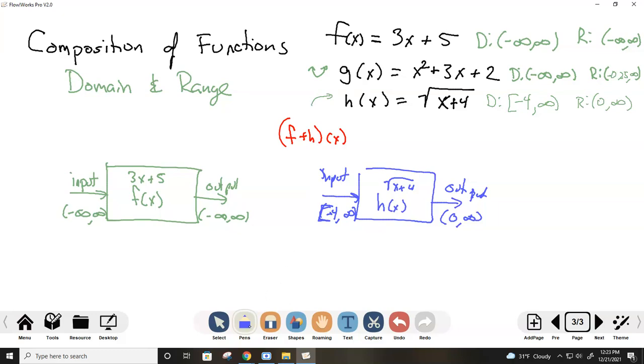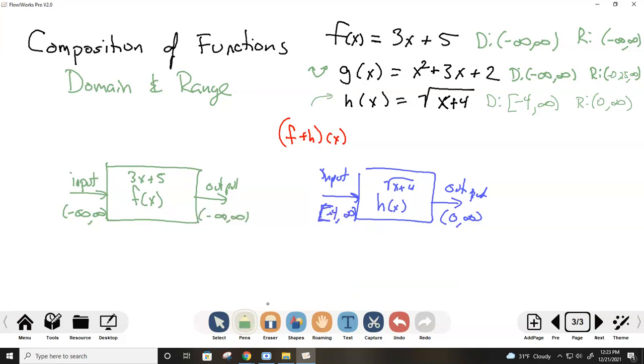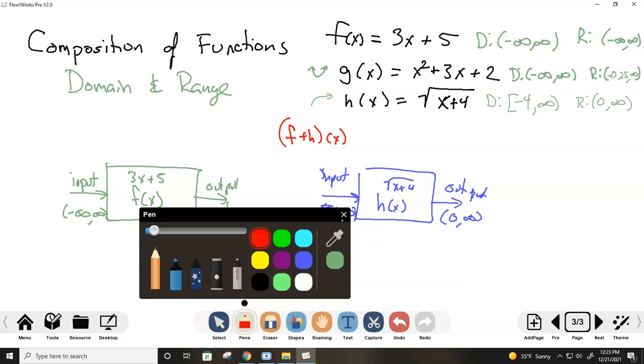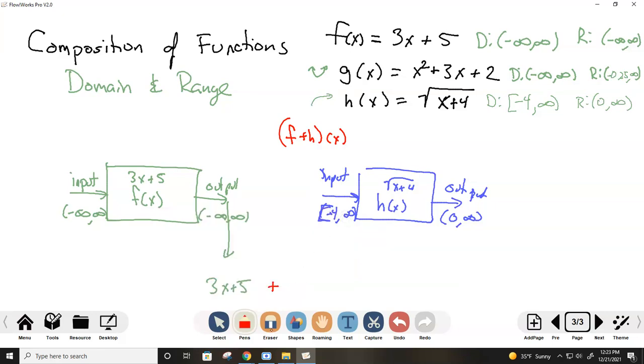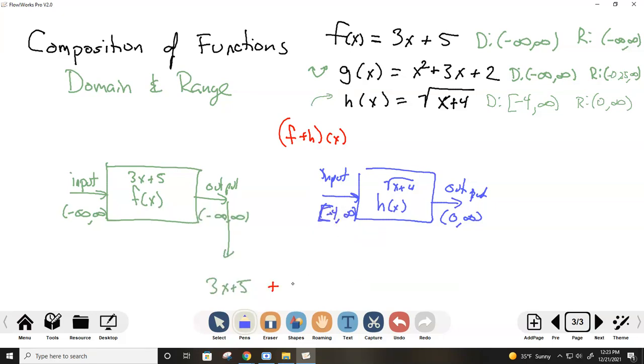But when I add these together, I take my output here, 3x plus 5, and I add to this the square root of x plus 4.